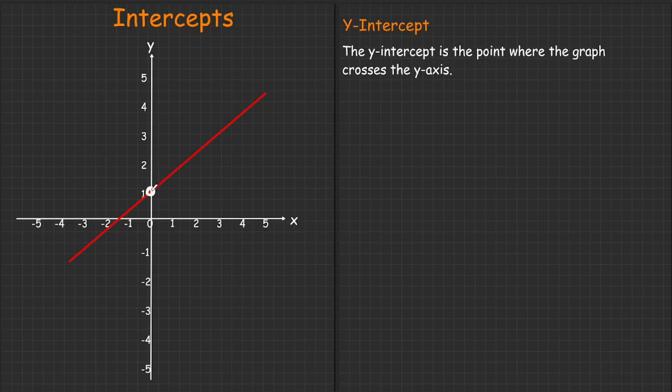This is the point where it crosses the y-axis. Now we know how to identify the coordinate. So right here, the x coordinate is actually a 0, and our y coordinate is a 1. It is exactly on the 1.